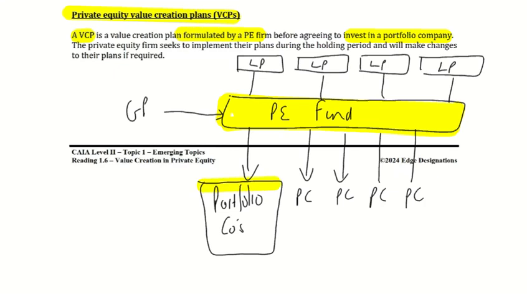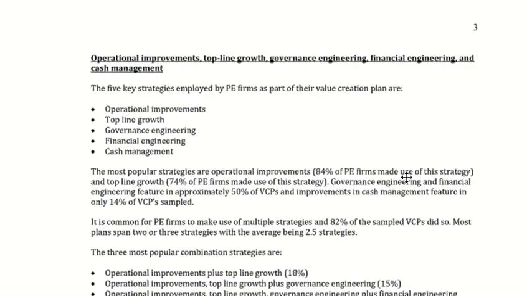We think we can increase value in this particular portfolio company by purchasing new assets, etc. But there are certain points that private equity funds and firms put into place when they enter into an investment in a portfolio company, in order to make sure that they can extract value from that particular portfolio company.